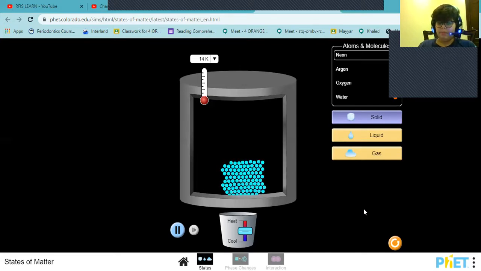Let's take an example of crystalline: diamond. Diamond is an example of crystalline, and an example of amorphous is charcoal.